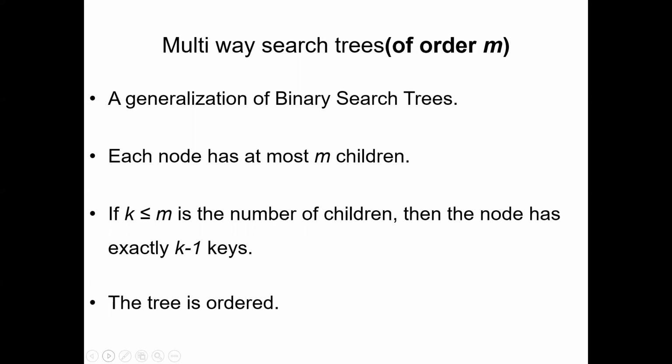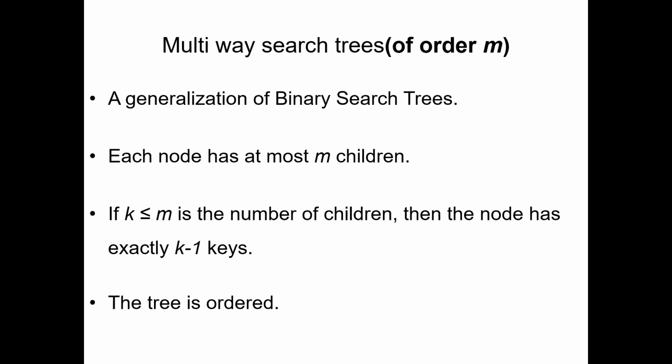So if a node has k children, then the number of keys in that node would be k minus 1. As you see, in a binary search tree, there is a single key, so there are 2 children, one on the left and one on the right. Similarly, if we place 2 keys in a node, then the possibility is to place 3 branches.